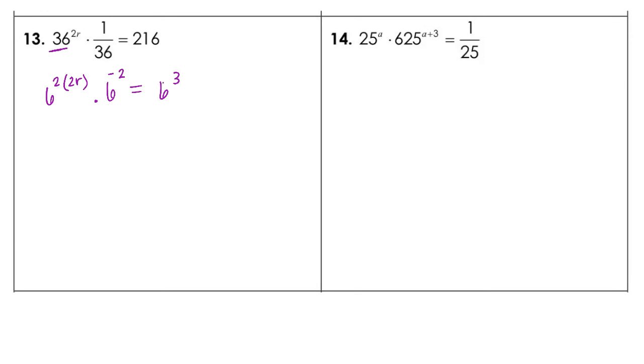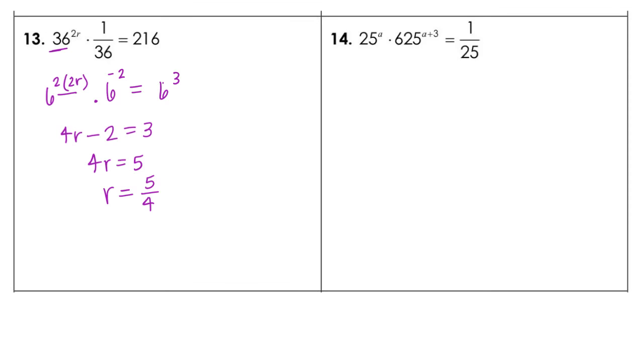And now let's put together, using our exponent rules, we know that's going to be 4r, and then plus a negative 2, so minus 2 equals 3. And so here we're going to add 2 over, and we're going to divide by 4, so r is going to be 5/4.